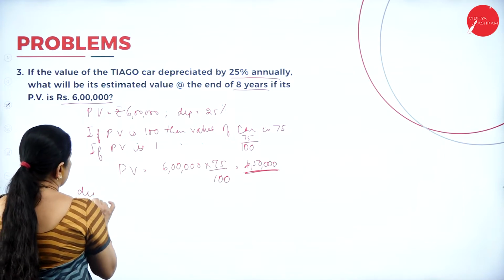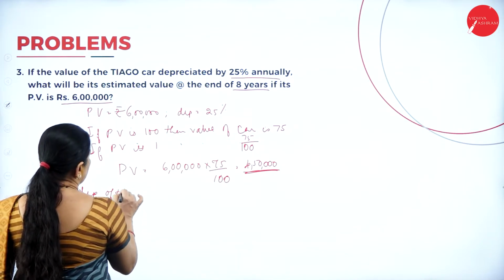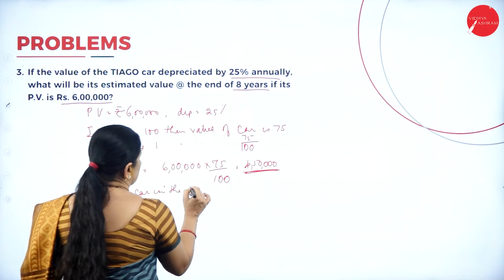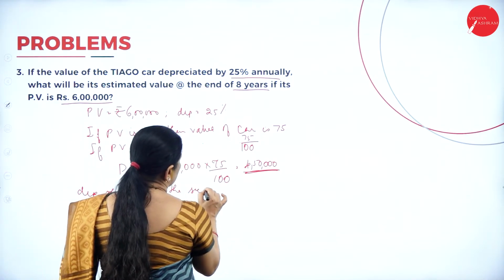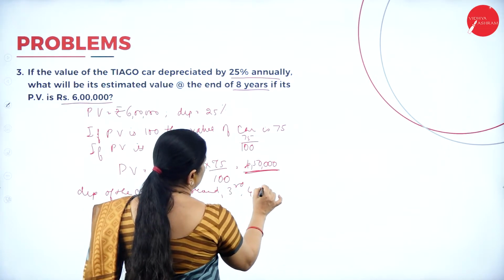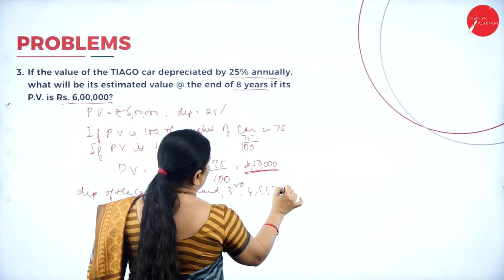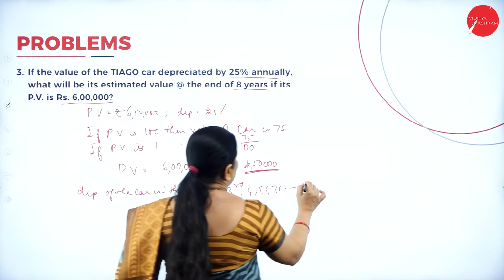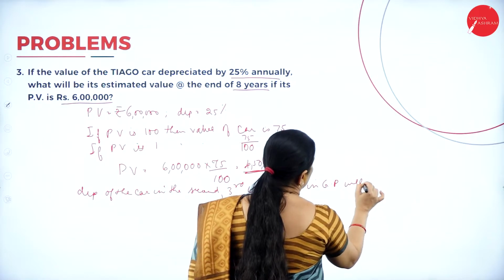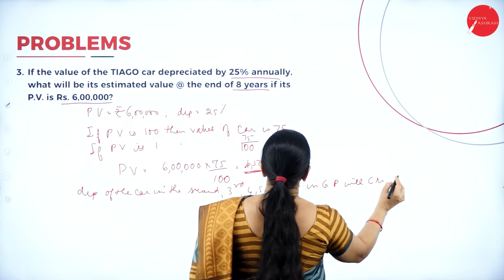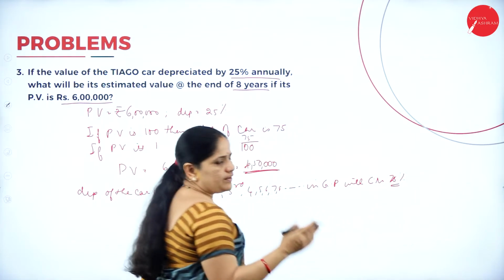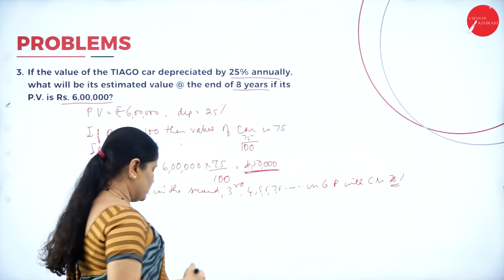So, the depreciation of the car in the second, third, fourth, fifth, sixth, 7, 8 years will be in a GP with common ratio as 75%. So, every year 25% reducing.